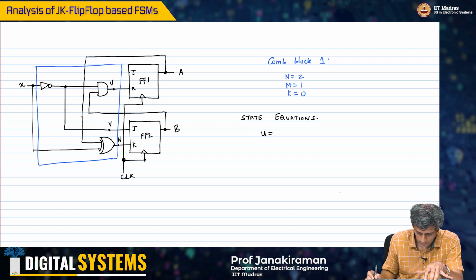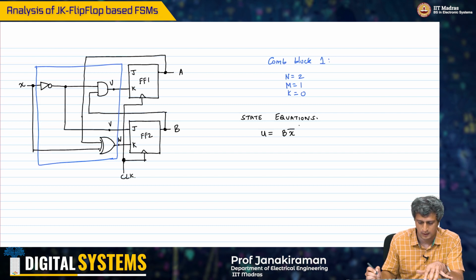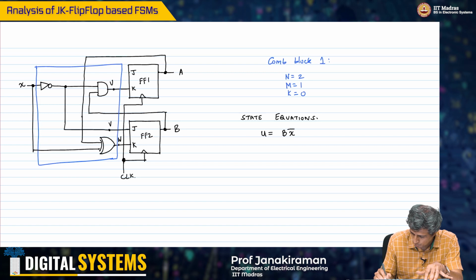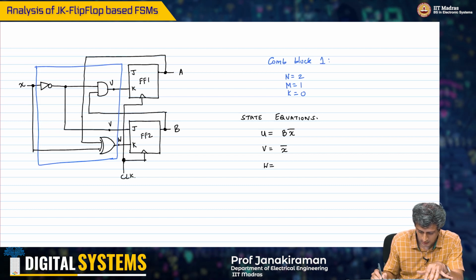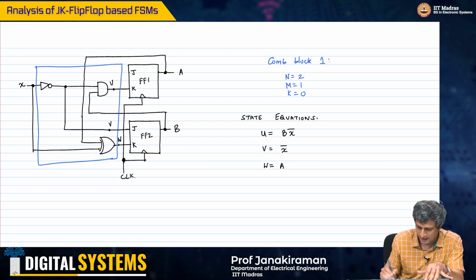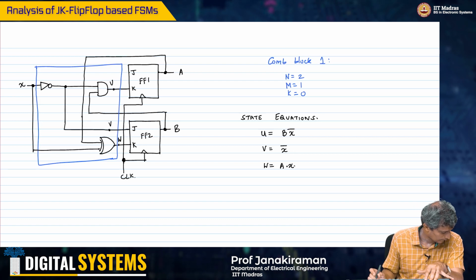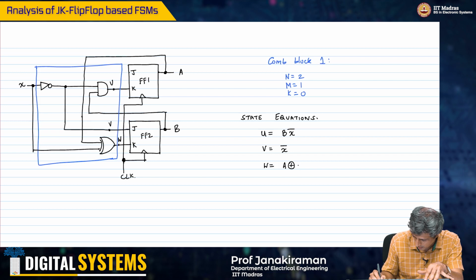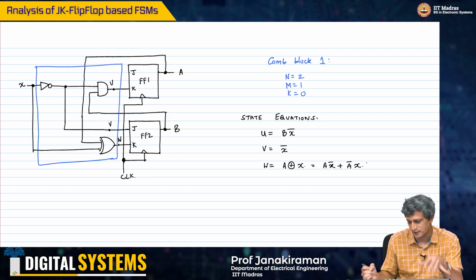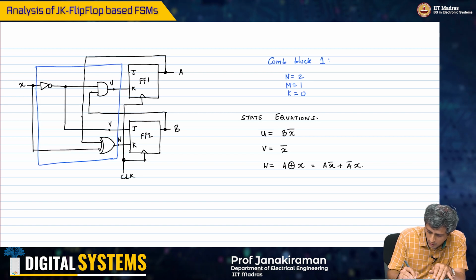So my state equations are basically going to say U is simply going to be B times X bar, and V is going to be X bar, and W is going to be, no, W is not A times X, sorry, it is A XOR X. This is A X bar plus A bar into X. And oh, I forgot the input to the J, this thing.